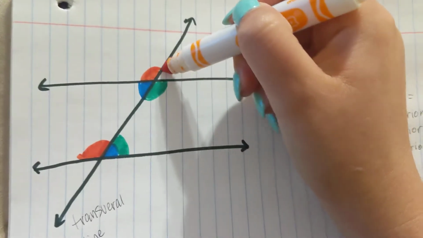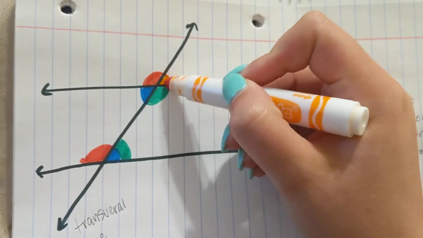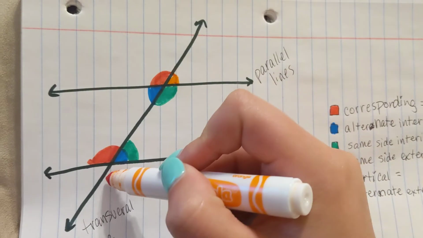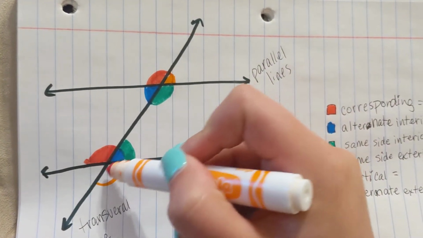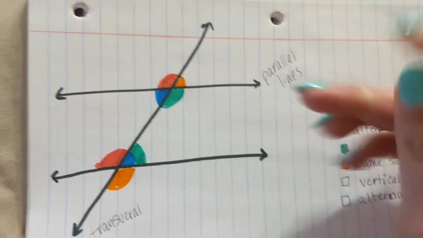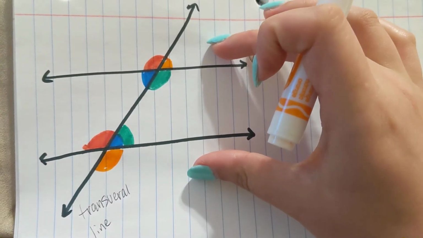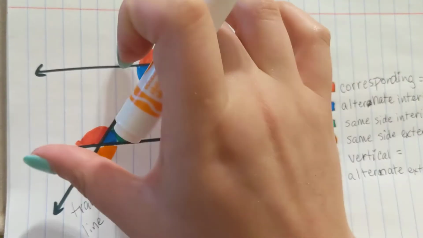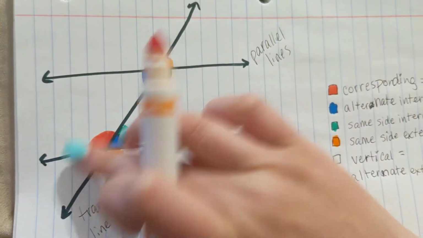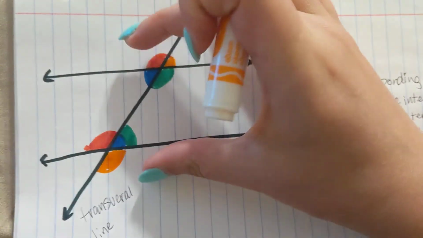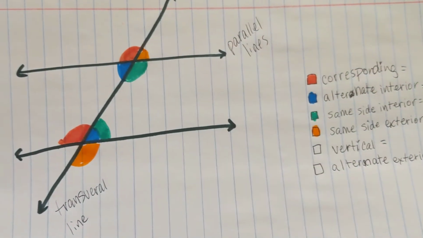So I'm going to have here and then here. So you can see same side and they're exterior. Now if I wanted to, I could have colored it over here. These would be on the same side and they're on the outside of the parallel line. It really doesn't matter which one you choose.